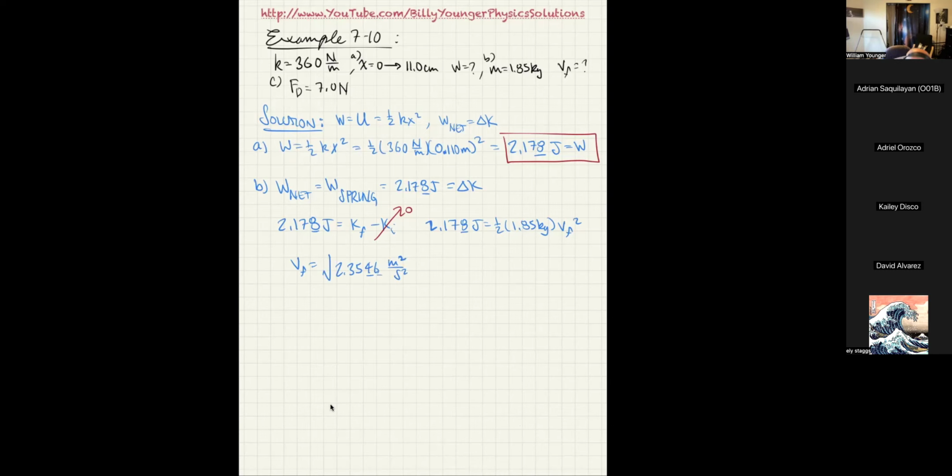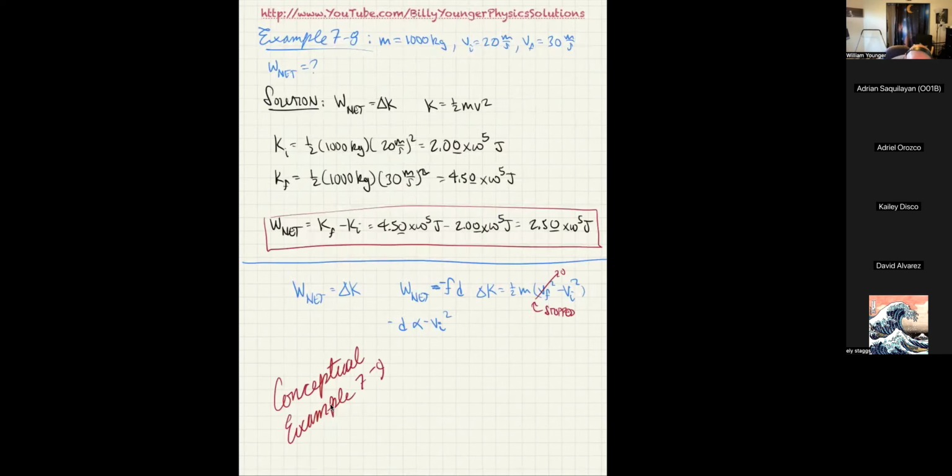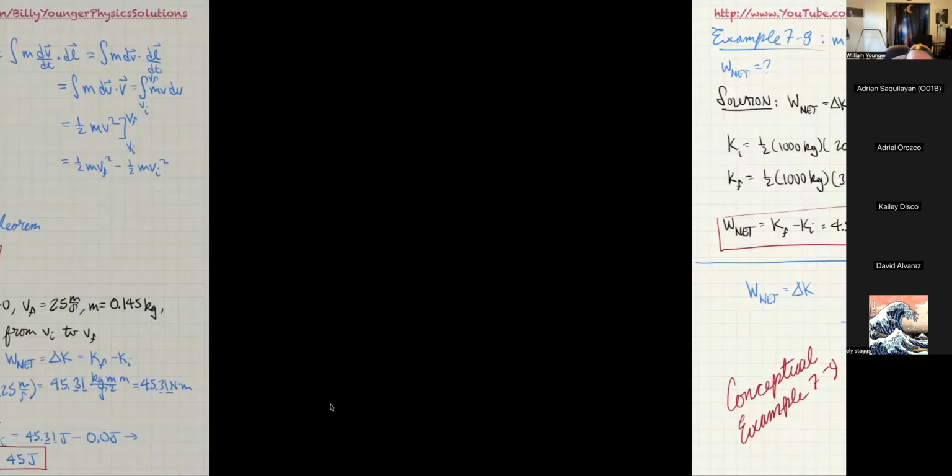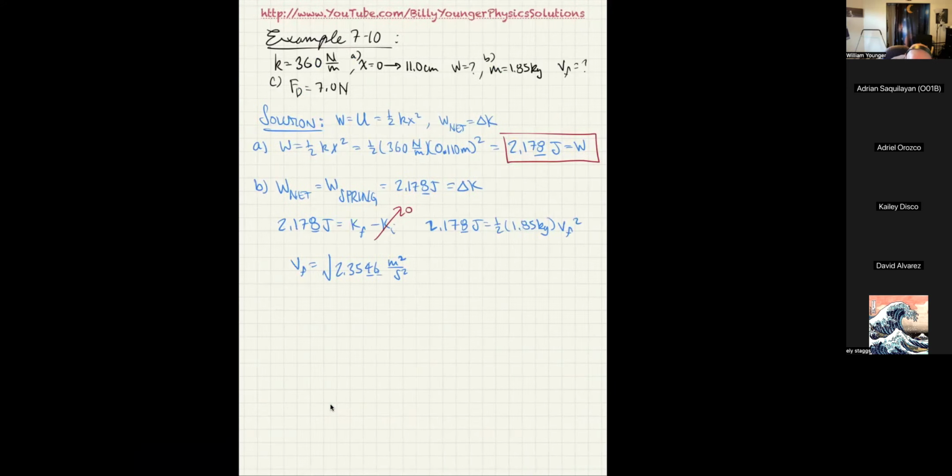Again, remember I broke down a joule into kilogram meters squared per second squared. So if I divided this quantity by a kilogram, all I'd have left is meters squared per second squared. So that's how I got the units that are under that square root.